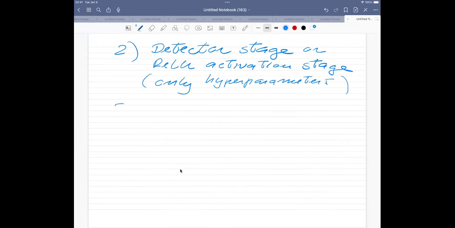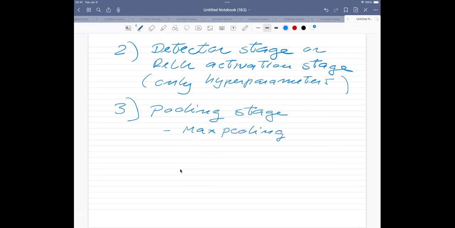Then the final stage, which is normally called the pooling stage, you can do a further downscaling. And we are coming back to this one. The pooling stage is normally done by something called max pooling, where you pick the largest value in a specific region, or what is called average pooling.